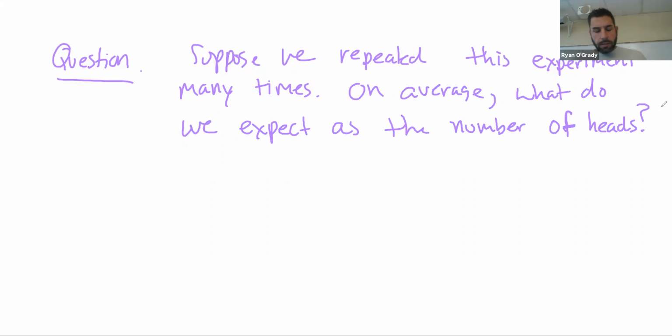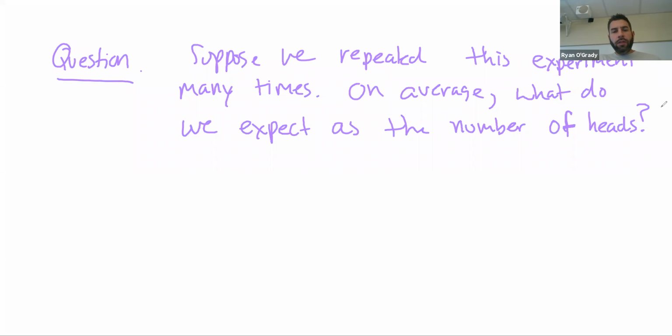So, let me make this a little more clear, because I don't know if it is clear. Suppose I said to you, okay, every one of you goes home and there's, say, 30 students in this class, and I said, you do the experiment 10 times.